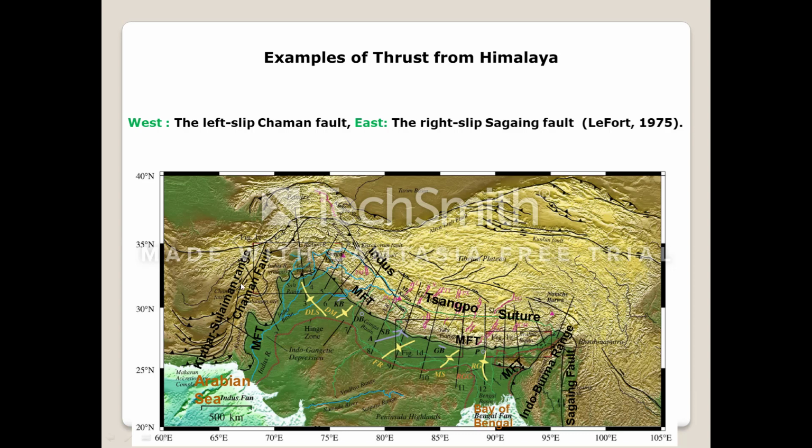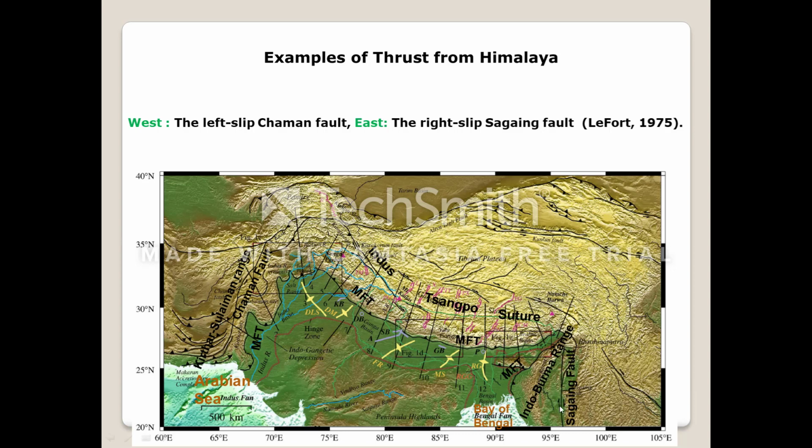One more thing I want to elaborate here. If the movement is horizontal, then we can only say left slip movement or right slip movement. The movement is left slip if the opposite block, or we can say the object block, is moving towards the left from the observer. And if the opposite block is moving towards the right, as here in the Sangyang fault, this is the dextral movement.